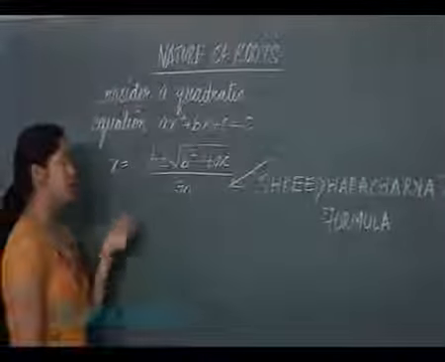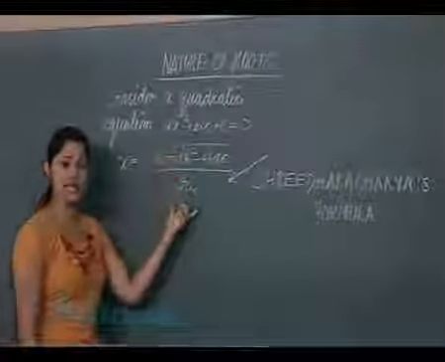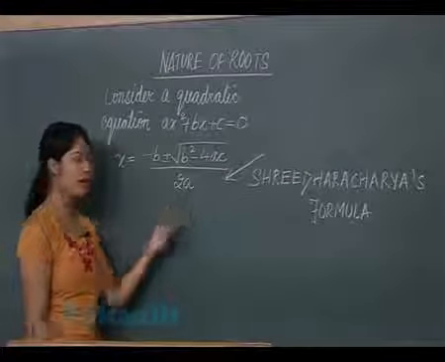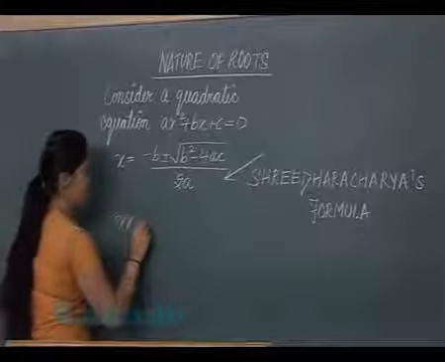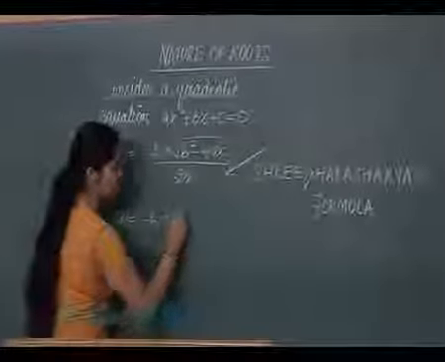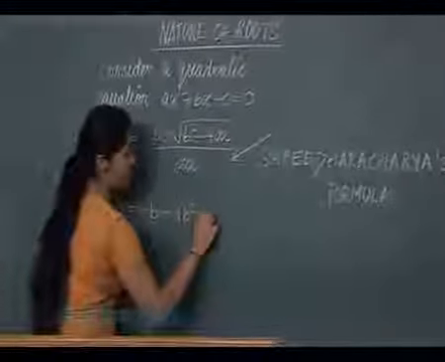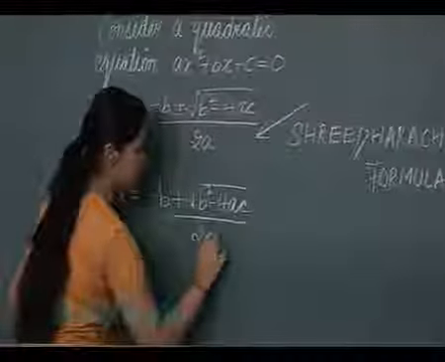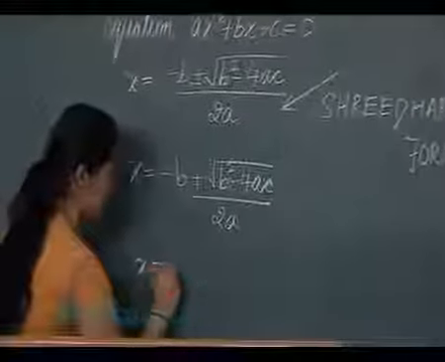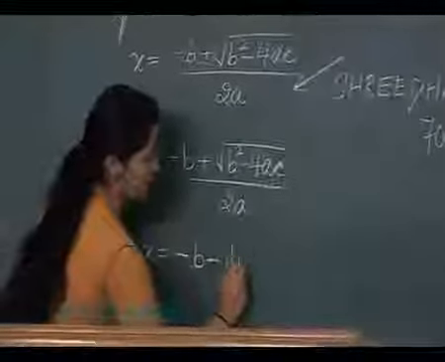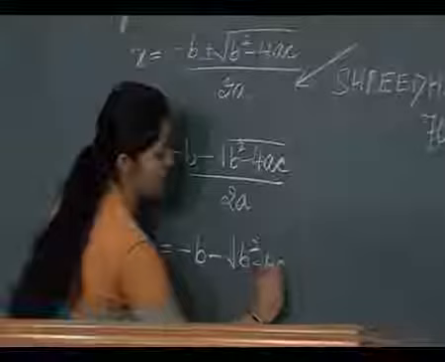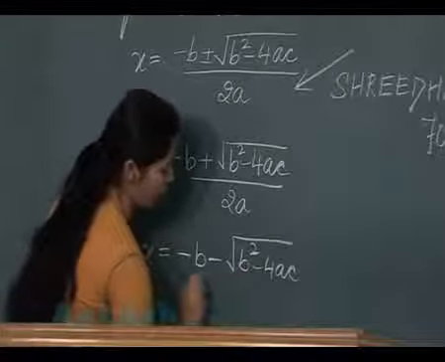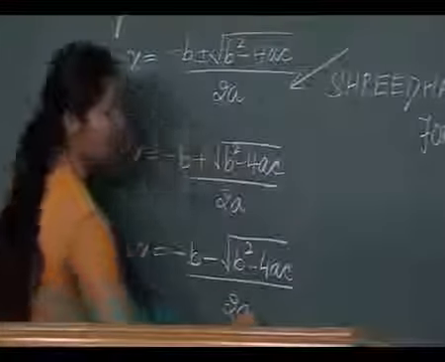Now we know that the two roots of the quadratic equation are given by this formula, and the roots will be minus b plus root b square minus 4ac upon 2a and minus b minus root b square minus 4ac under the root upon 2a.